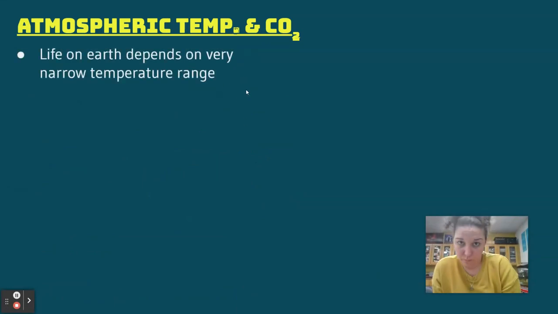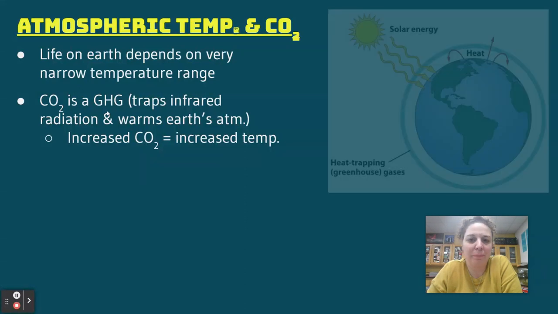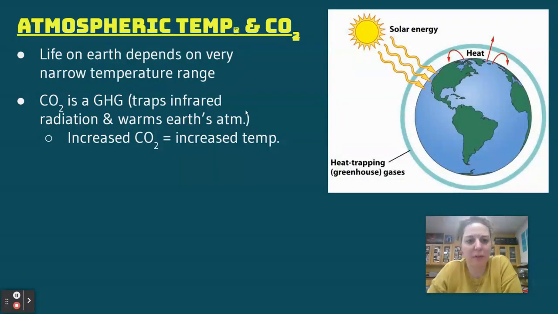And then this is probably the biggest one we look at, atmospheric temperature and carbon dioxide levels. And it's super important because life on Earth depends on a very narrow temperature range. It can't be too hot, it can't be too cold. So when we look at carbon dioxide, we know it's a greenhouse gas, which traps that infrared radiation.